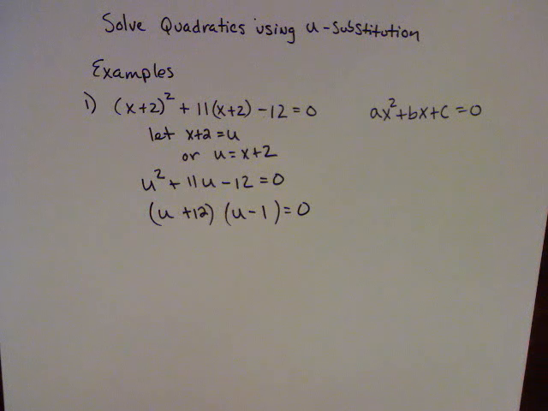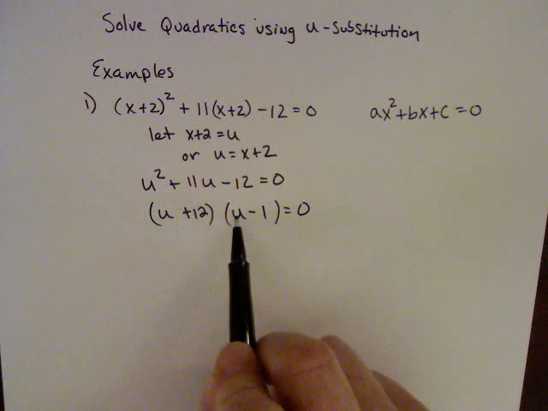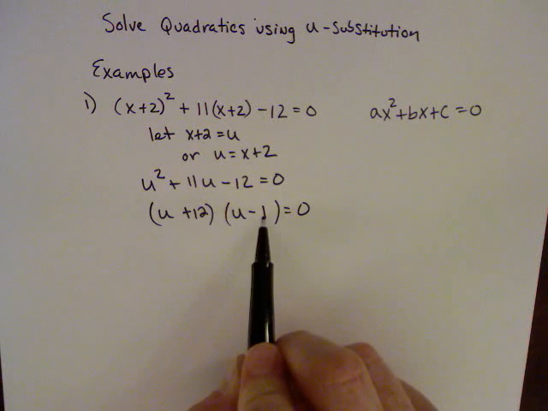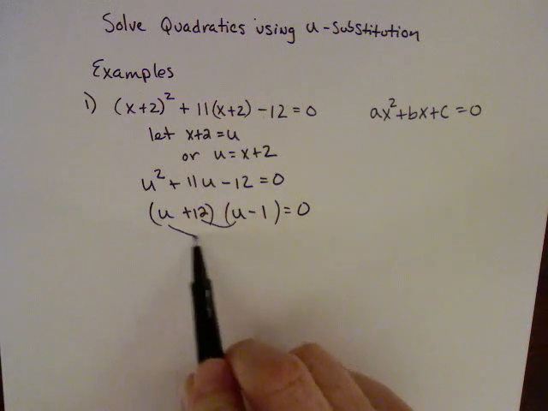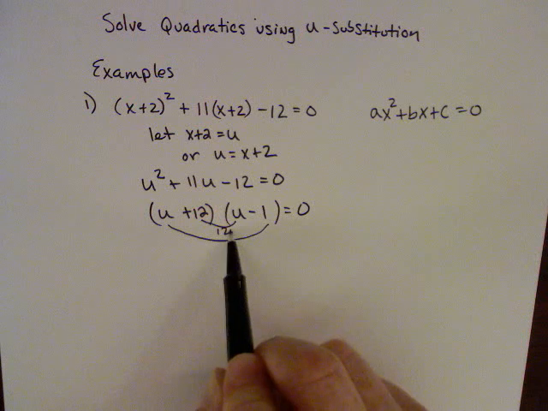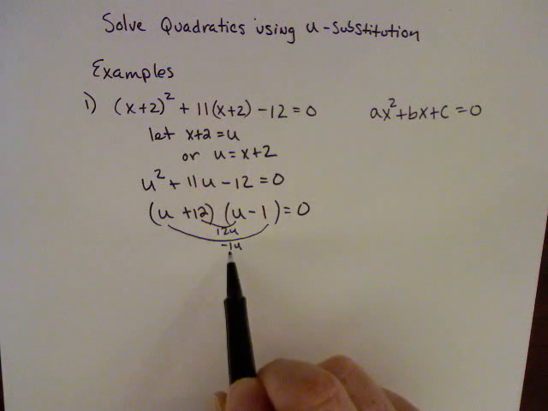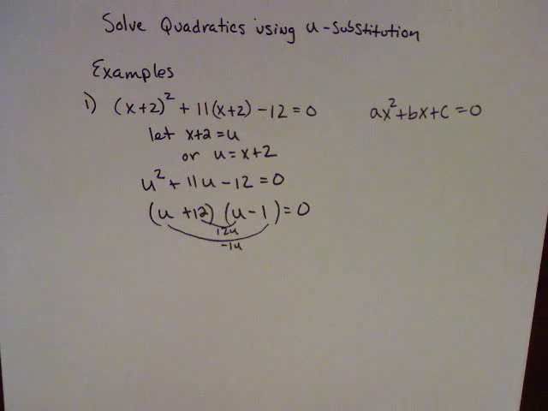We can quickly check to make sure we factored that correctly by doing u times u to get your first term, u squared, 12 times negative 1 to get your negative 12, and then check your middle terms, 12u, negative 1u. Add those together, 12 plus negative 1 is positive 11, which we have. So we factored that correctly.